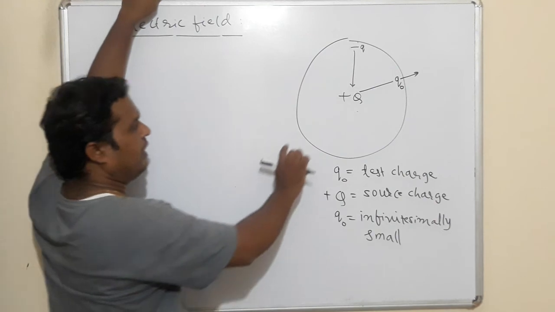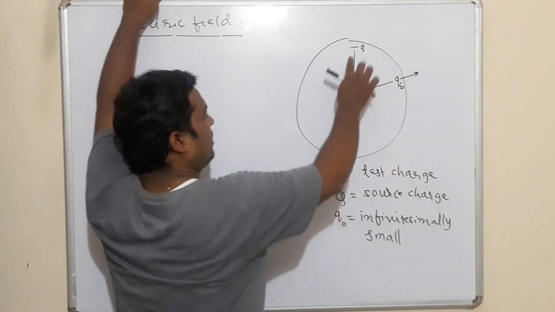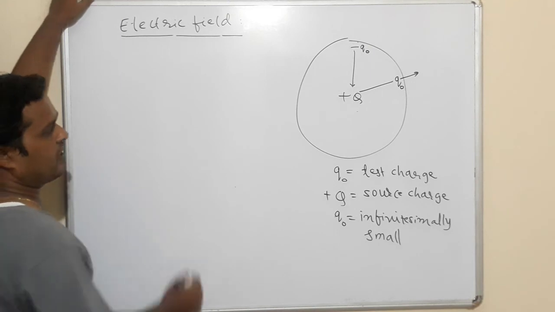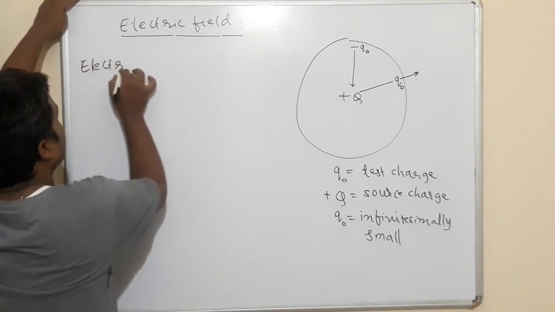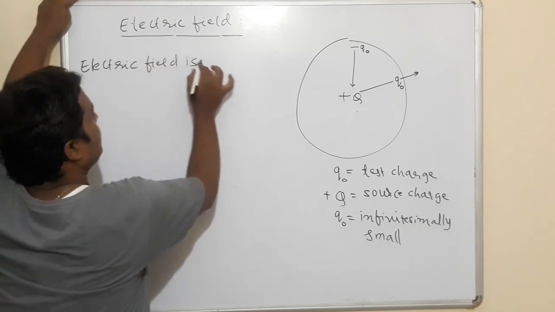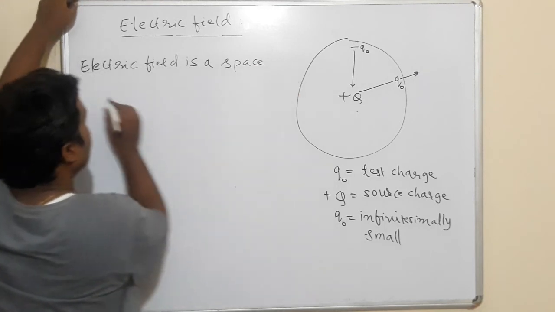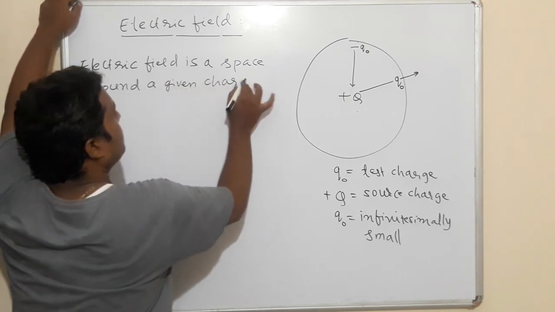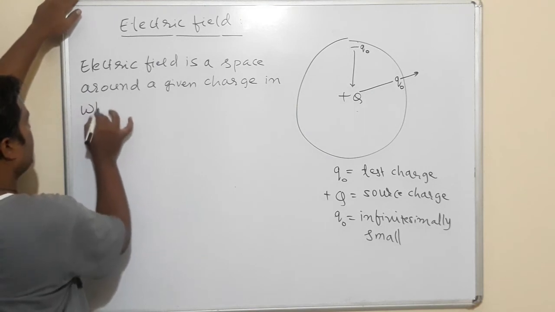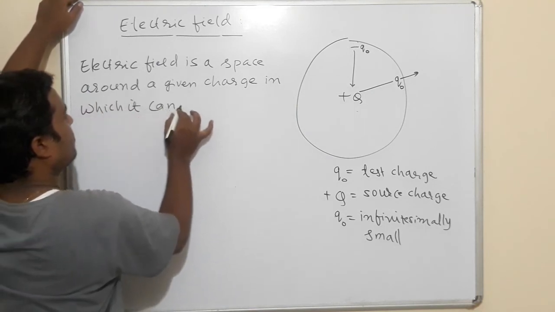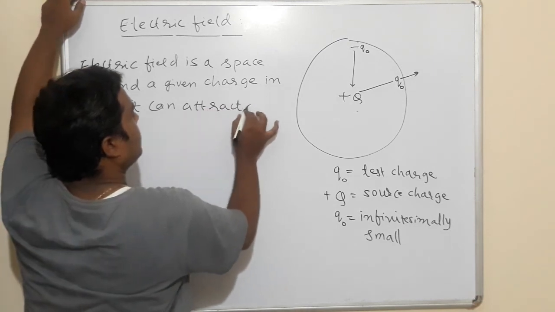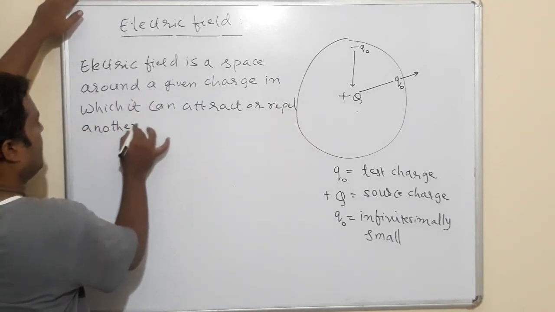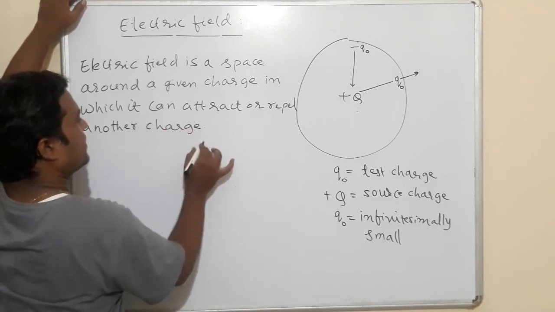So what is electric field? Electric field is a space around a given charge in which it can influence, or it can attract or repel, another charge or another test charge.